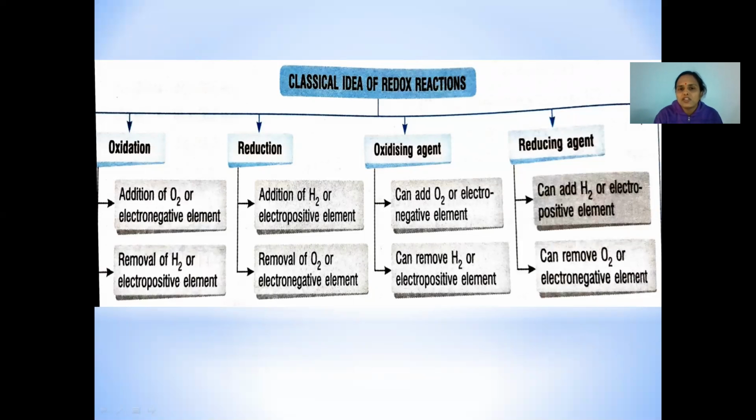Oxidizing agents are those that can add oxygen or electronegative element, or they can remove hydrogen or electropositive element. And reducing agents are those that can add hydrogen or electropositive elements, or those that can remove oxygen or electronegative elements. This is the flow chart of the classical idea of redox reactions.